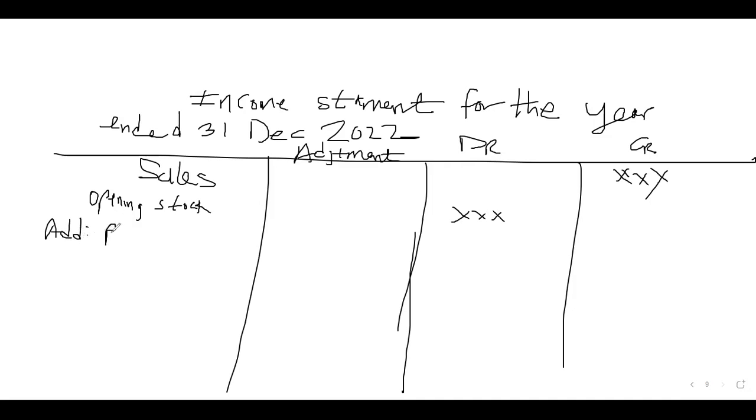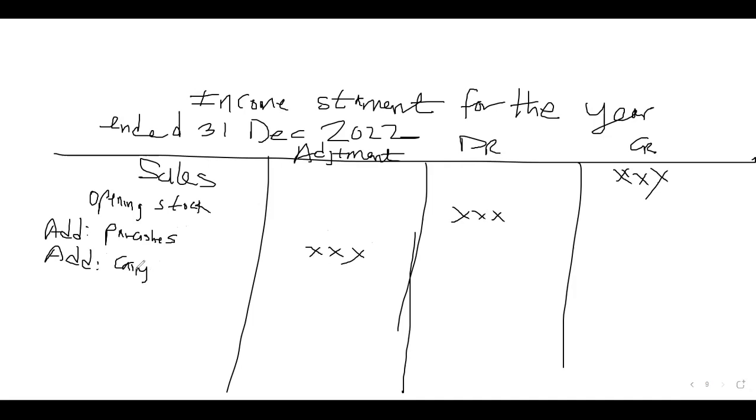To add the purchases, we can put it here. Then add the carriage inwards.